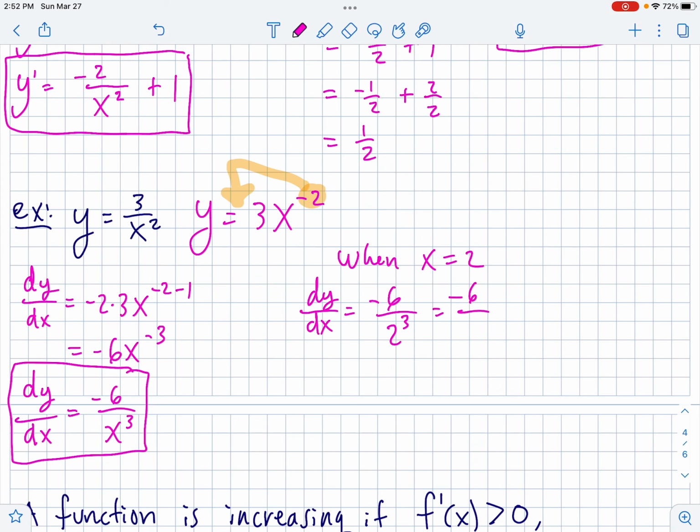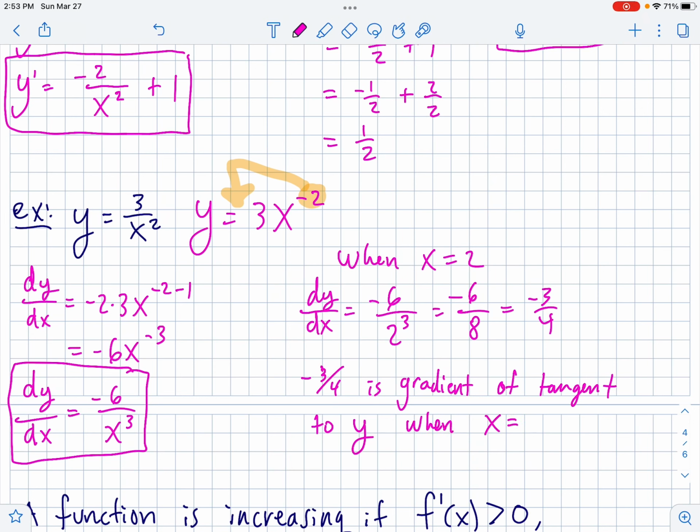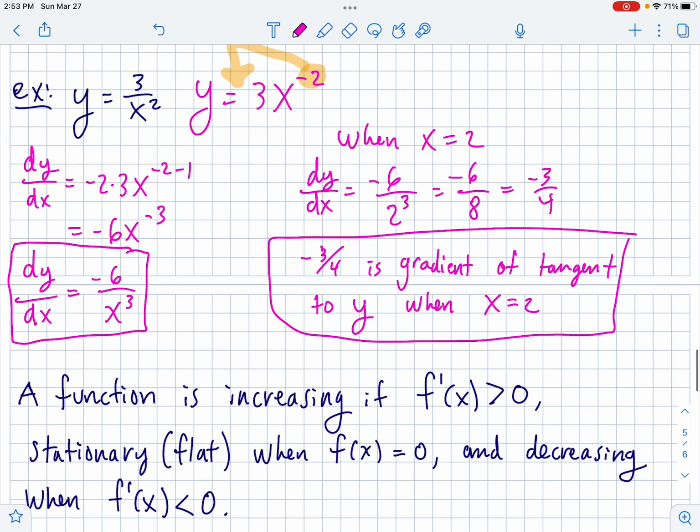You can just punch that in a calculator and then hit answer to fraction. But I think this is negative 6 over 8, which is negative 3/4. So negative 3/4 is gradient. I'll switch my words all the time on you guys. Gradient of tangent to y when x is equal to 2.